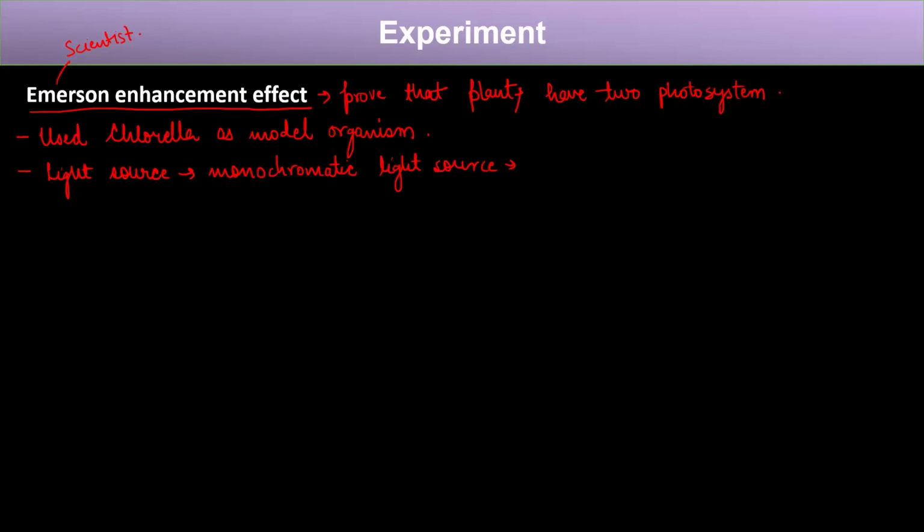Because in your house we have a torch or a bulb, LED, and they do not give light of a specific wavelength. They comprise all the visible wavelengths of light. But the monochromatic light sources have light of a single wavelength, and hence they are called monochromatic light sources.